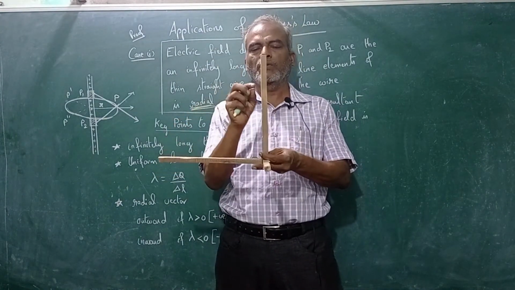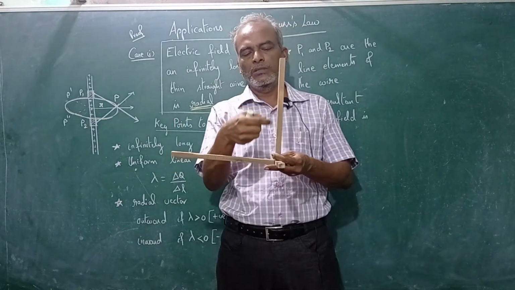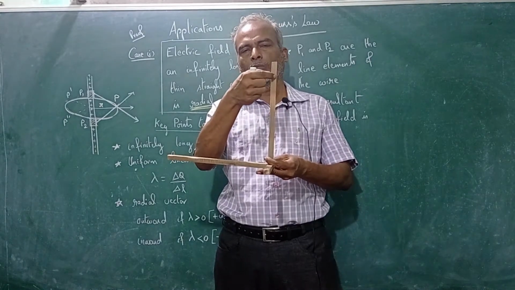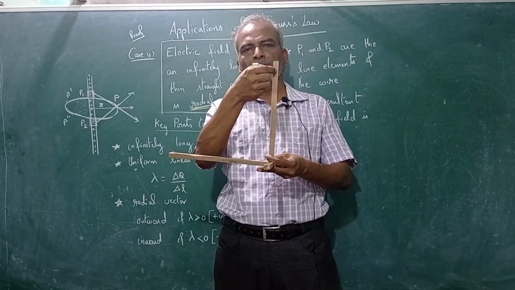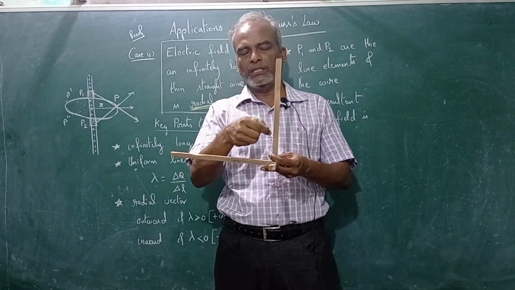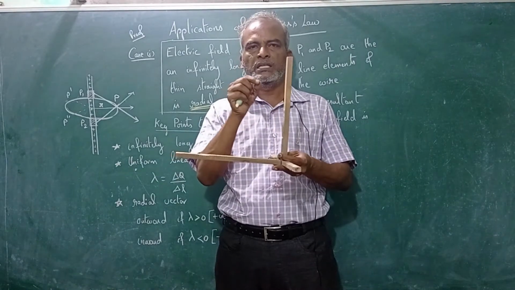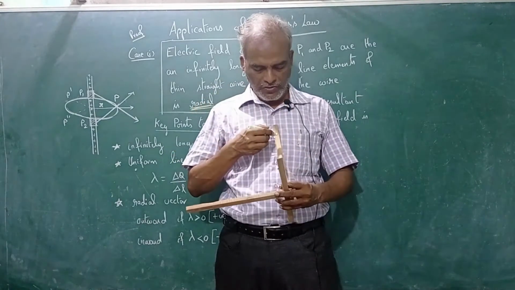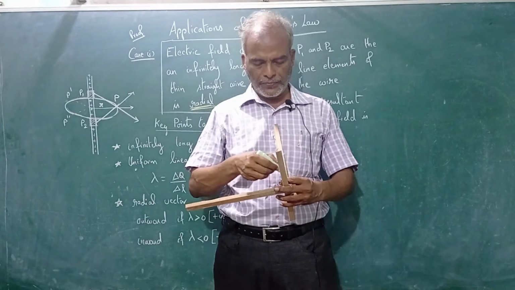So now I consider 2 points. Suppose this is P1, this is P2. You may ask, oh, but you can take any point. But because of this point and this point, what is the field at a particular point? Assume this point.